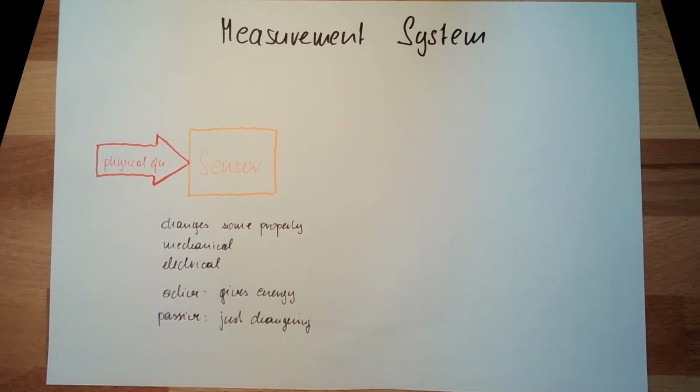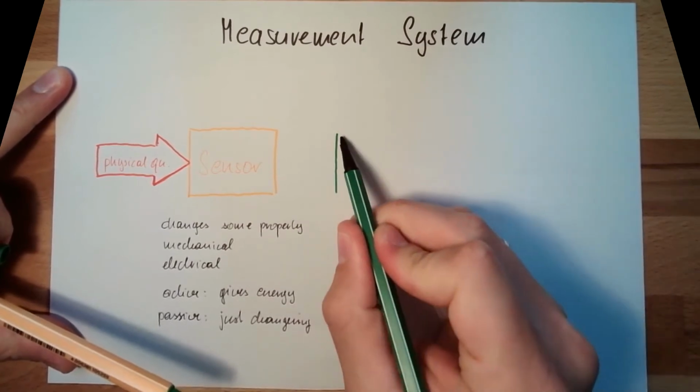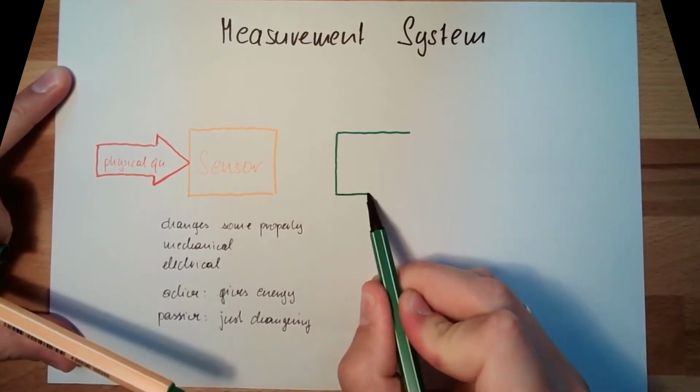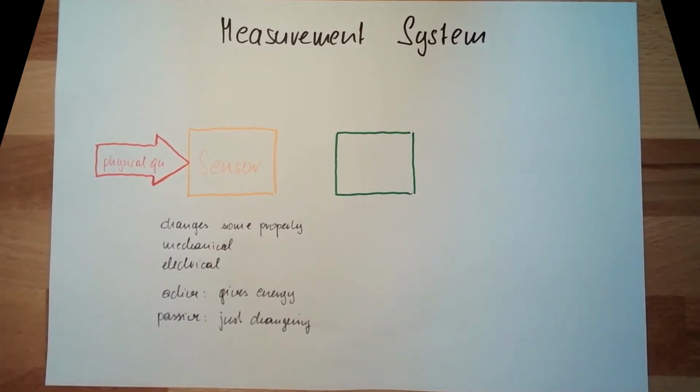So we need something which makes these changes stronger, bigger. We need something in our measurement system which is amplifying, and that's an amplifier.